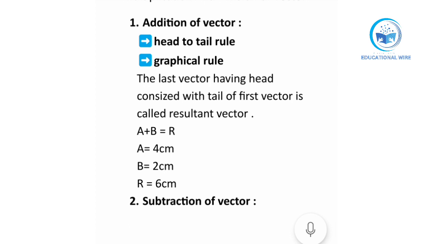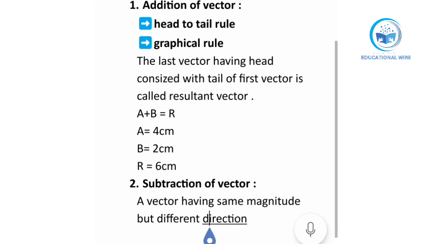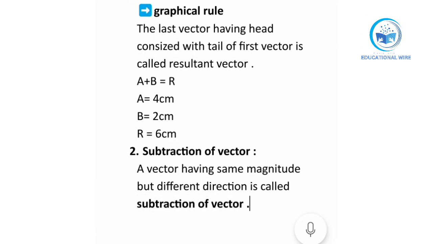So in subtraction of vector, what happens, a vector having the same magnitude but different, or you can say opposite, direction is called subtraction of vector.